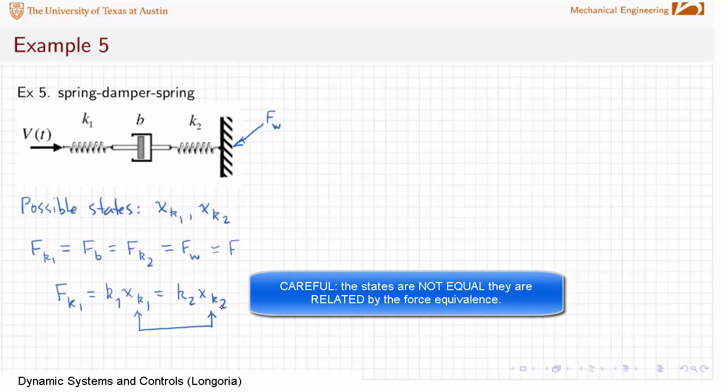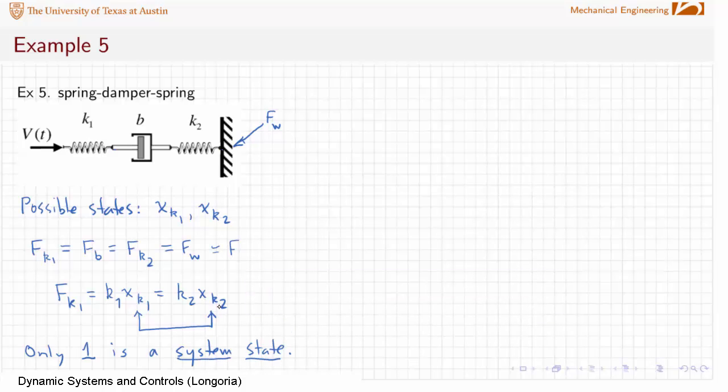So only one of them is a state of the system. xk2 is the state of the spring, xk1 is the state of spring k1, but for the system we only need one of those to tell us what is the actual state of the system, because once we know one, we know the other by this relationship.